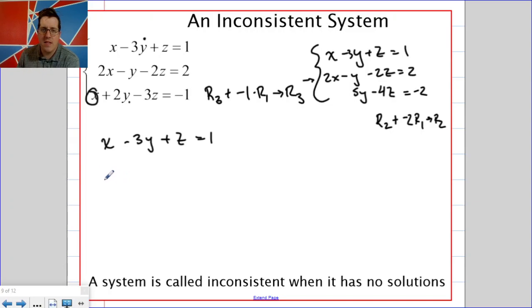So that's going to cancel out my x's, and then row 2 plus -2 row 1 is going to give me 5y.